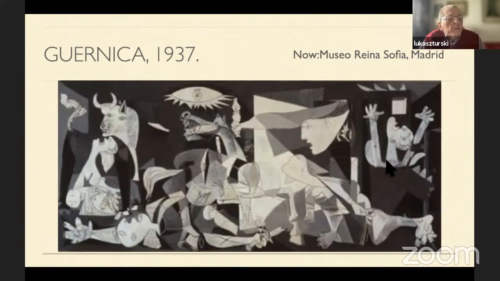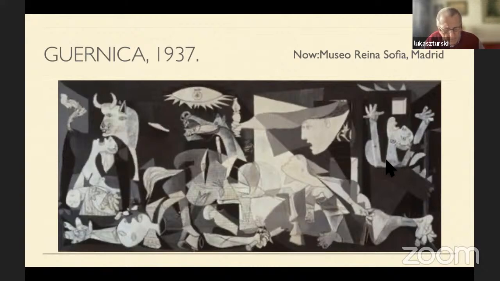Guernica was a painting. This painting was in New York. And after the Franco government died, and after his death, the followers of that totalitarian system, as it is most often in history, were not capable of sustaining the totalitarian system anymore.